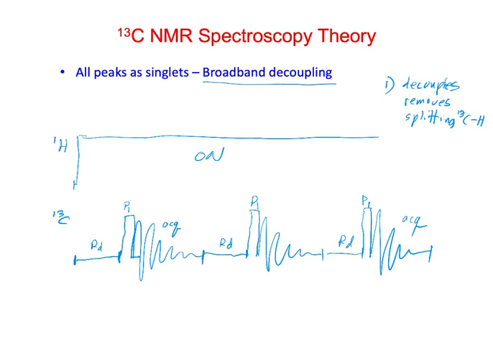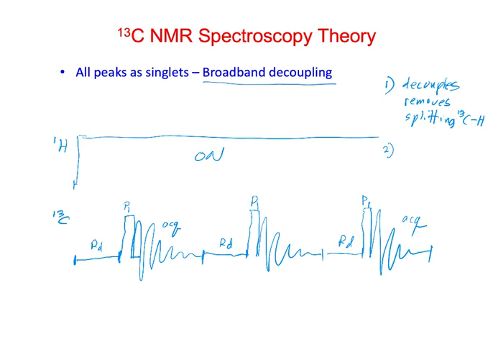The second thing that happens, though, is that because we have the decoupler on during the relaxation delay, we are creating nuclear Overhauser effect. In C13 NMR, we're putting energy into the protons, and it's going to transfer its energy to the adjacent carbon, the carbon that's closest in proximity.